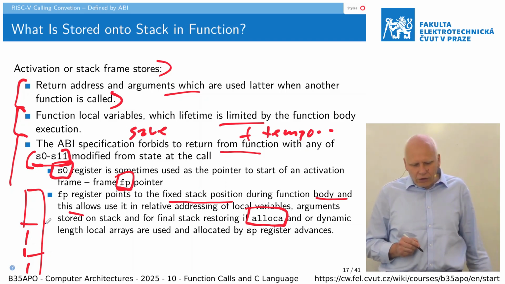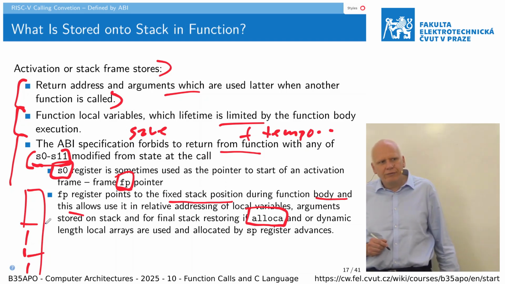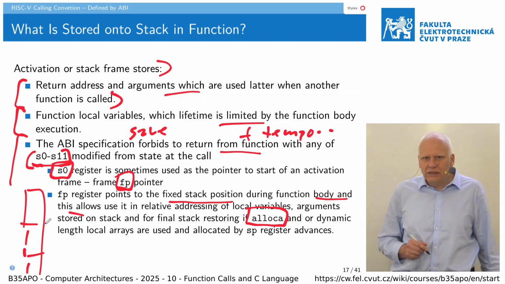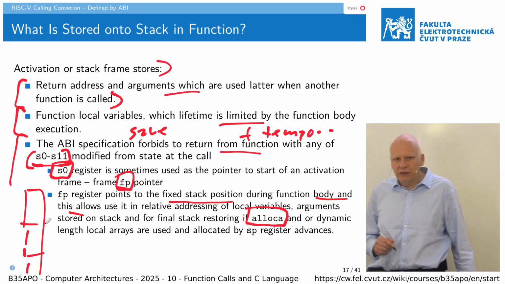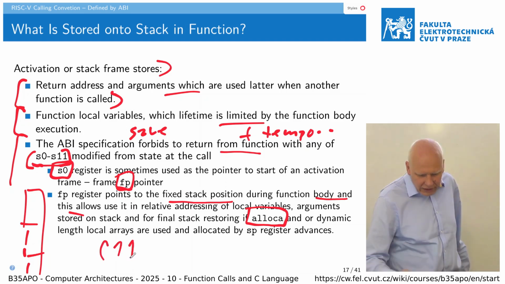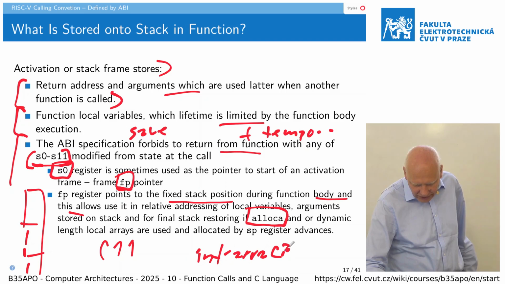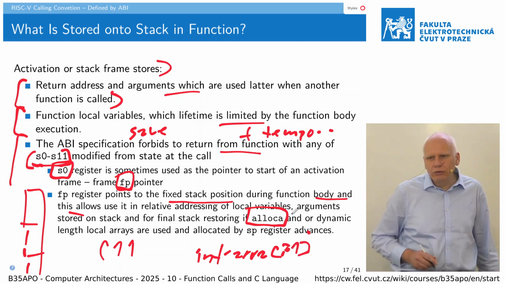This alloca mechanism is used as well in the case if you have a variable length array in C as a local variable, which is allowed. In C11, you can have a local variable, for example an int array, and there can be A1, where A1 is some argument to the function.